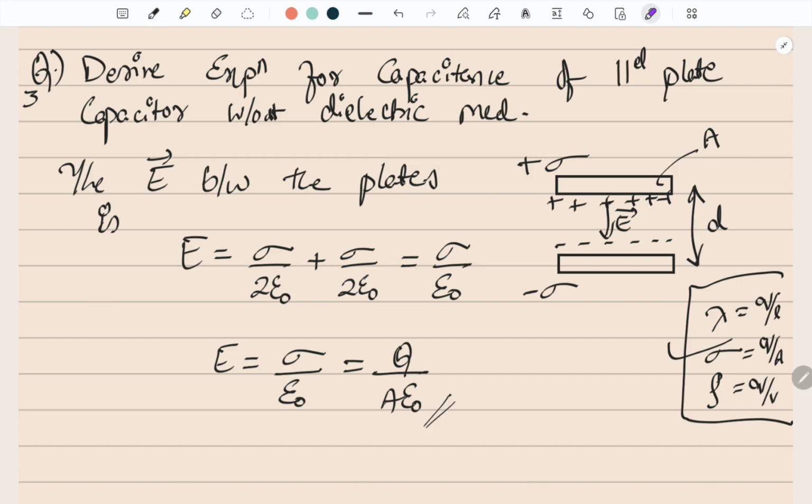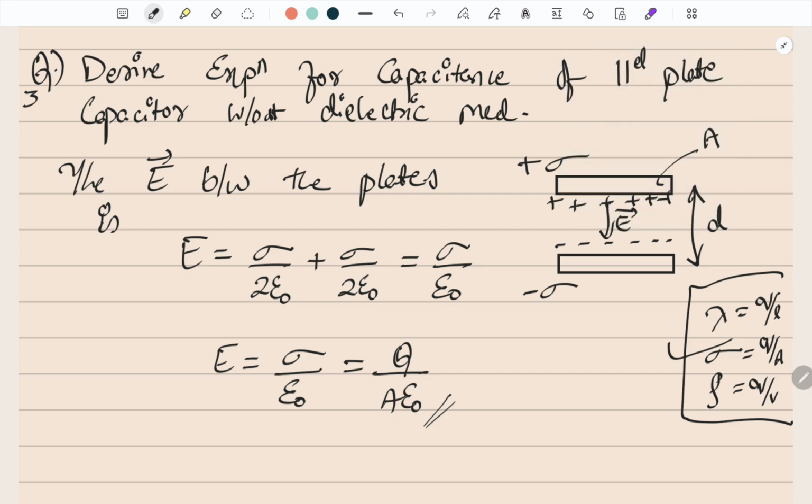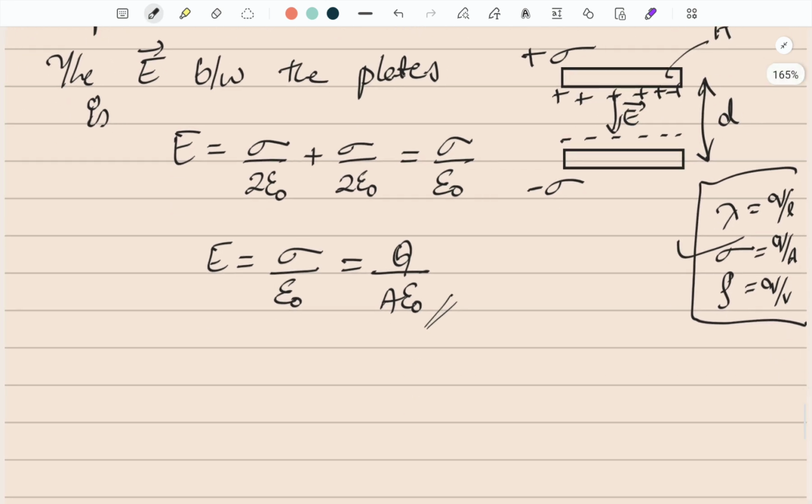Also, before moving forward, how did we get this sigma by 2 epsilon naught? If you go to chapter 1, applications of Gauss law, there you will understand for a thin plane sheet what is the electric field. So in the Gauss law derivation, you will get sigma by 2 times epsilon naught. Okay, so from there you get this particular thing. After this, the direction of this electric field should be written.